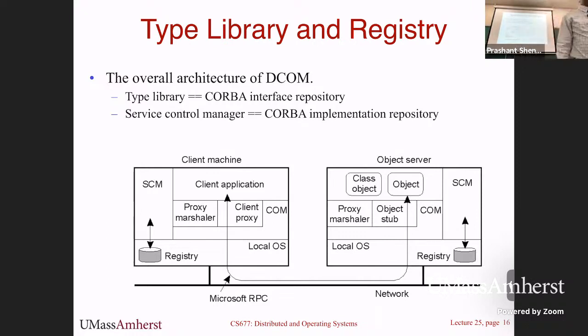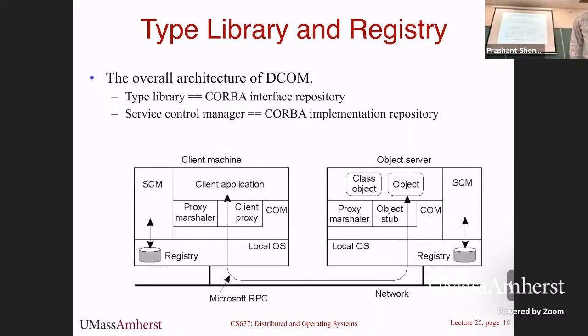Okay? Not very different. There are two things here. There's a type library that's equal to the CORBA interface library. An object is going to register its interface with the interface repository. When the client wants to access it, you go and access it. So this is playing something similar to what a name server would do for us, except that you registered the entire interface, not just the name of the process, into the registry.